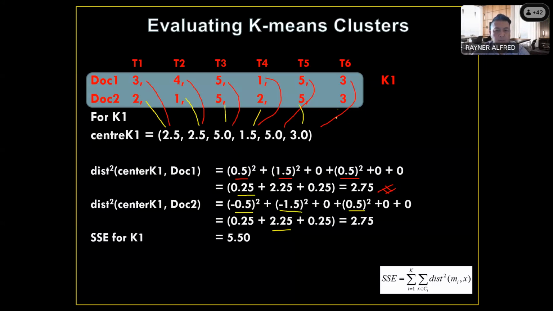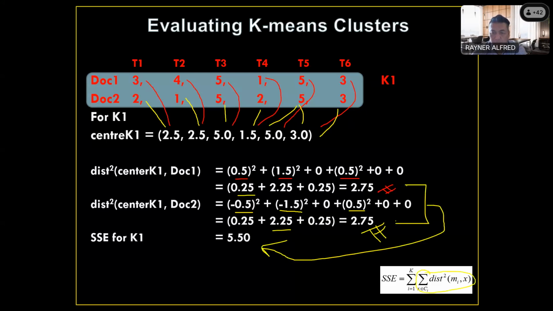This is 0 and 0. Okay. So when we add up the values, we get 2.75. So this is for the first data, and this is for the second data. So we add these up because we have the summation, right? That is only for the first cluster.